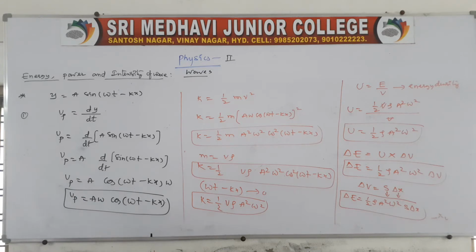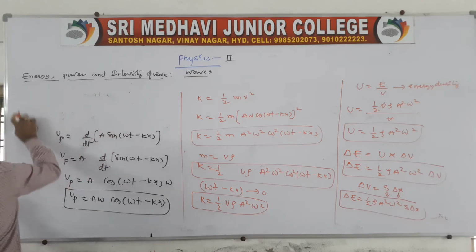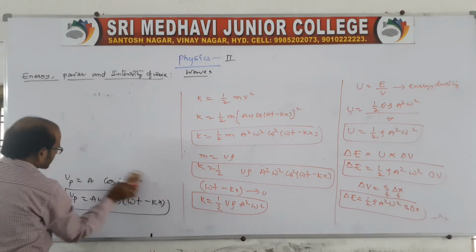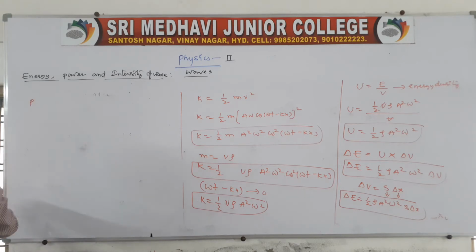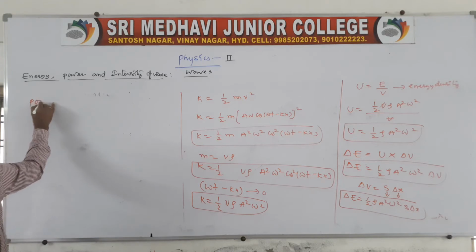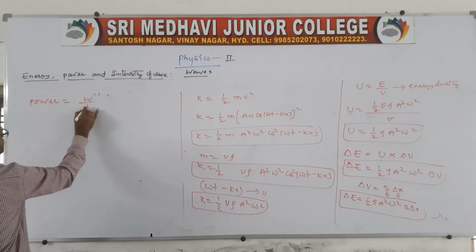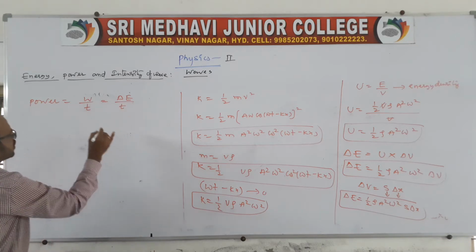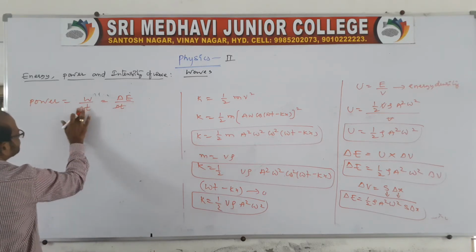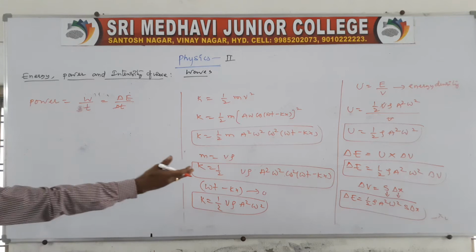In the same way, now we should get the power. Sir, how will we get the power? The power is nothing but the work done by time. Instead of work done, we can also take delta E by delta T, no problem. We know the energy.